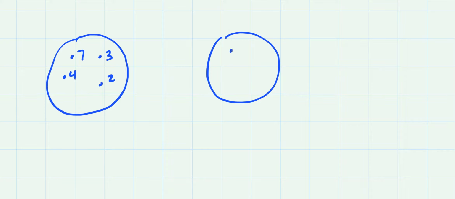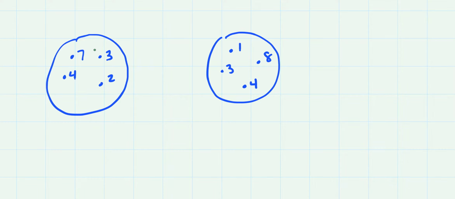Okay, so let's say our domain consists of 7, 3, 4, and 2. And I'm going to let my range be 1, 8, 3, and 4. So tell me if this is a function.